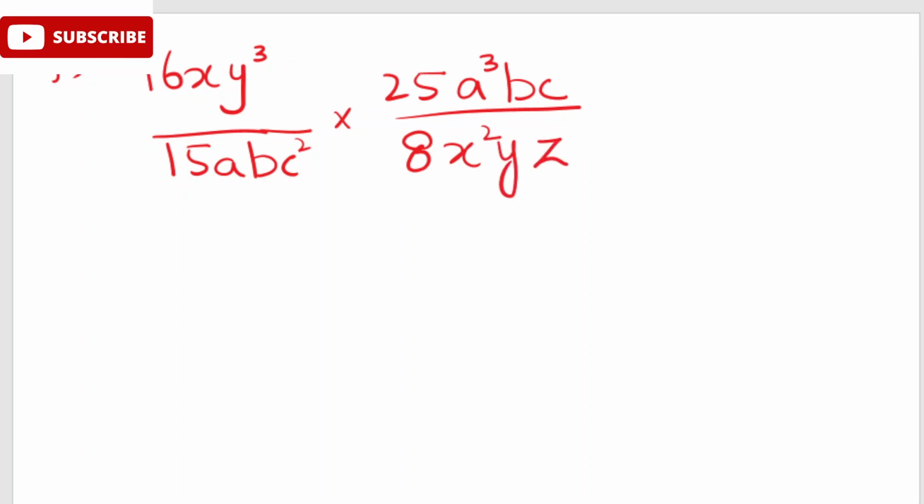In this question, we'll do the same. You guys are familiar, so let's just simplify. 8 ones are 8, 8 twos are 16, 5 threes are 15, and 5 fives are 25. After that, let's just write the answer because we cannot simplify the numbers any further. So 5 times 2 will be just 10.